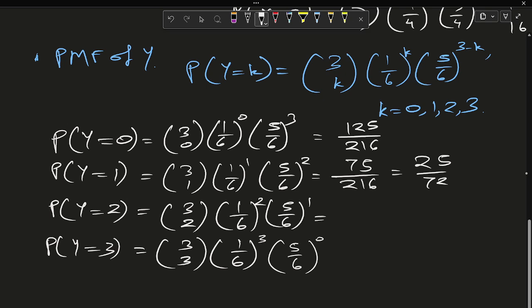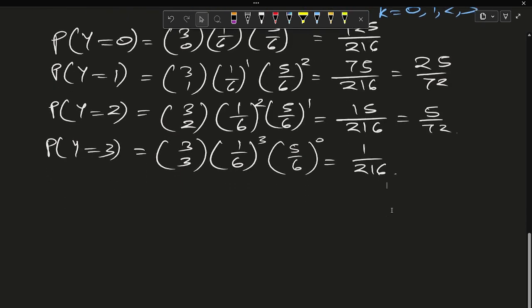After that, we will get what? 3C2 will be 3, and there is 6 cube in the below, and there is my 5. So we have 15 in the numerator, and the denominator is 216. So by dividing 3 on both sides, we will get 5 by 72, and 3C3 is my 1. So that is 1 by 216.